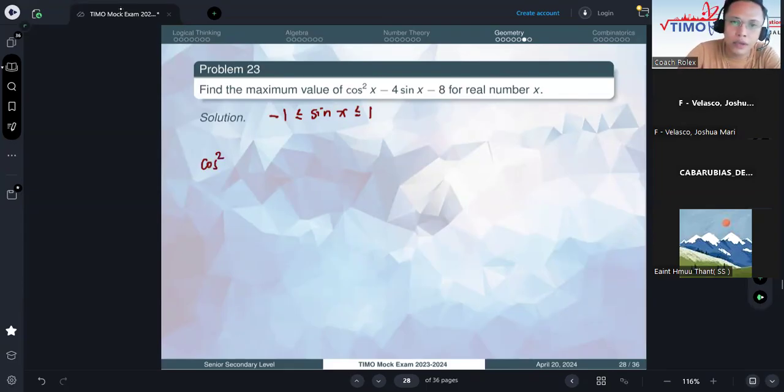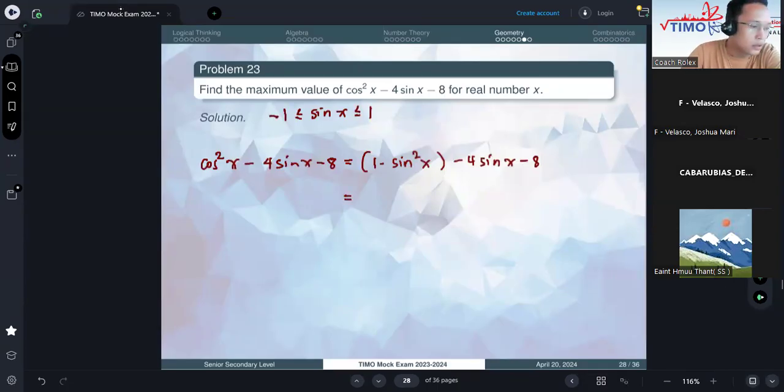So from here, our cosine squared x minus 4 sine x minus 8 is equal to 1 minus sine squared x. Okay, if we use the Pythagorean identity, the cosine squared x can be written as 1 minus sine squared x. Okay, minus 4 sine x minus 8. So you will now have this one. Now, if you group the first, the second, and the third term, you will have 1 minus 4.